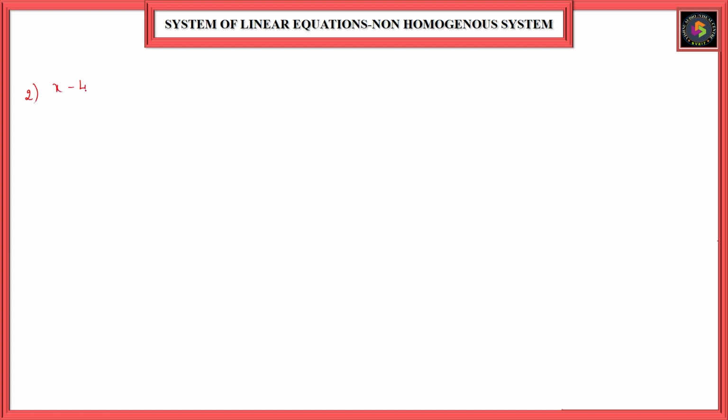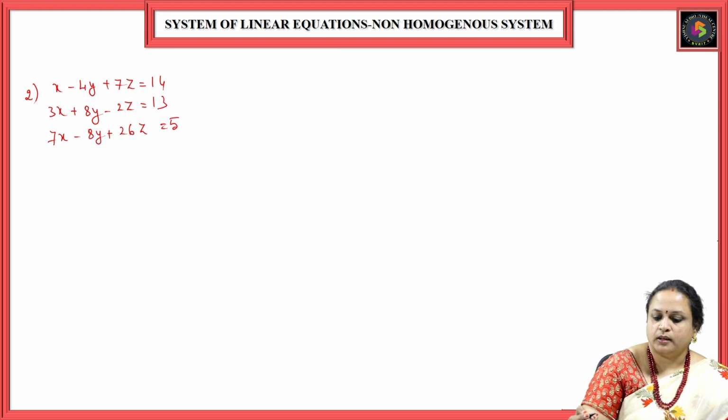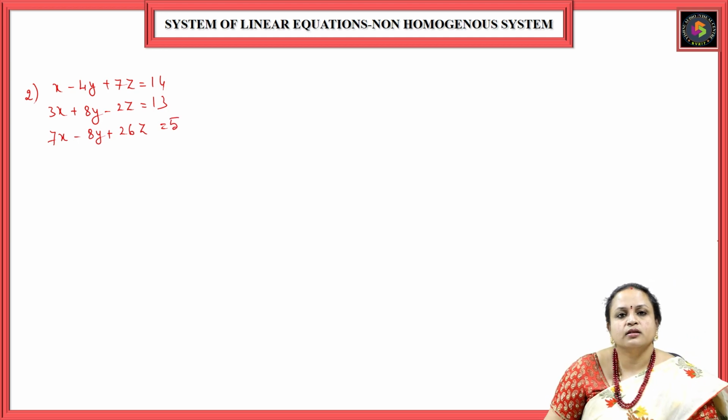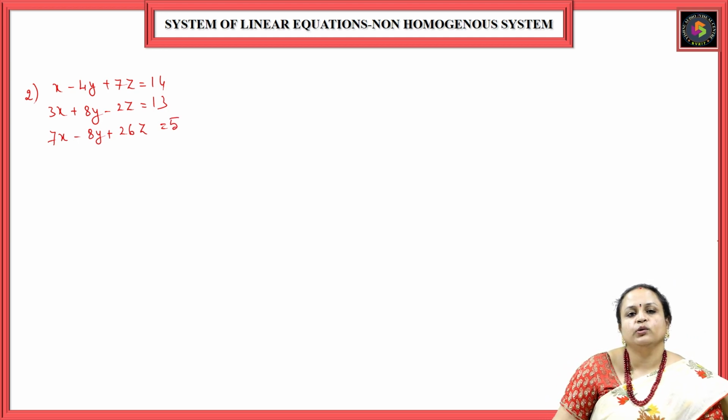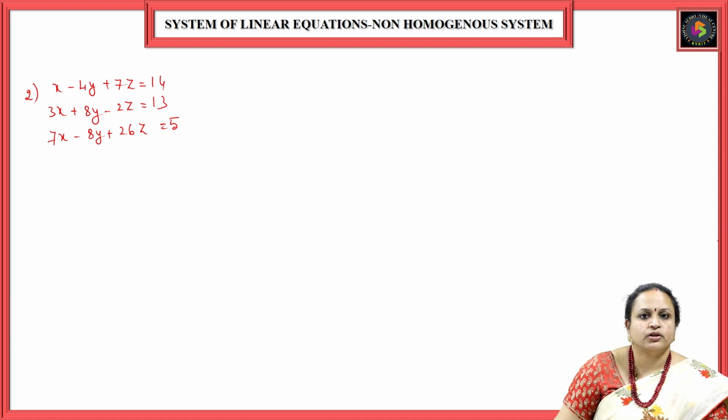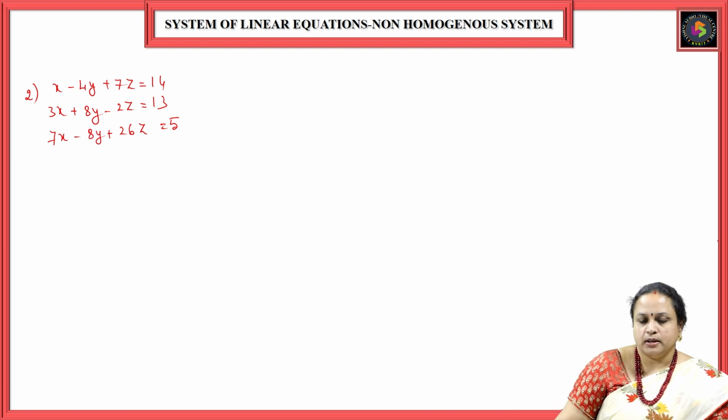X minus, yeah. This is the given system of equations. Now let us try to find out whether this system of equations has a unique solution, no solution, or many solutions.